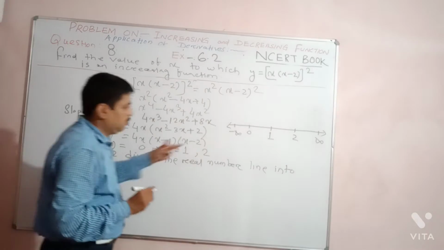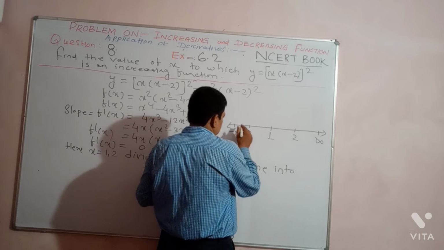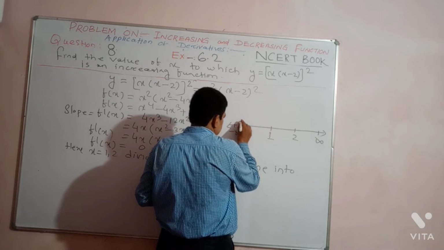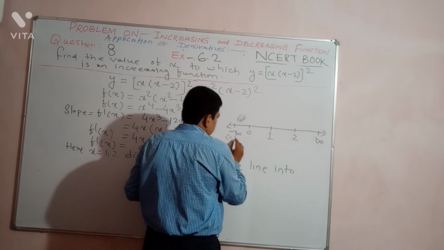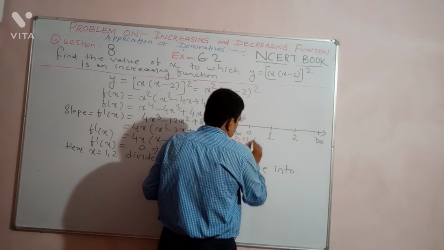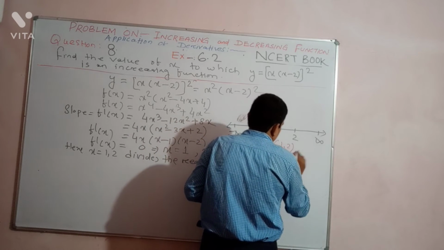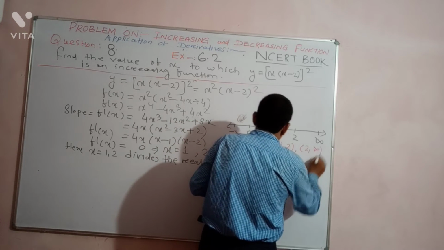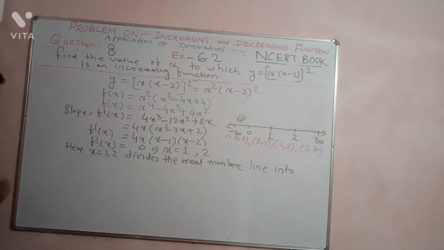How many intervals? The first interval is I1: minus infinity to 0. Second one is 0 to 1. Another is 1 to 2, and 2 to infinity. 1, 2, 3, 4. Okay. So we are getting the different intervals.